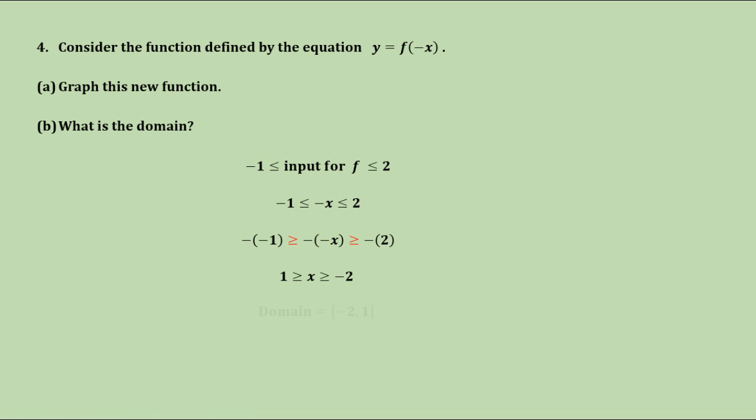And this means our new domain is from -2 to 1. So notice we have to do two things when we reflect over the y-axis. We have to negate our endpoints, but then we also have to flip them around. So negating 1 gives us -1... negating -1 gives us +1. Negating 2 gives us -2. We have to then again flip the endpoints of our domain.